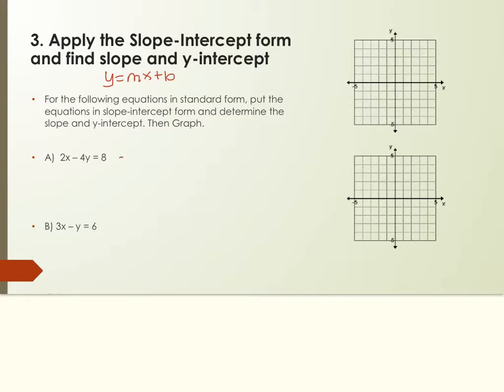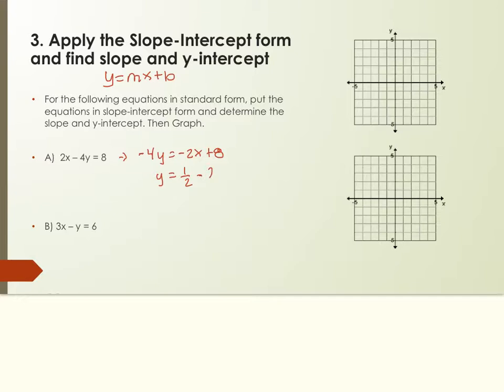So what I'm going to do here is I have a minus 4y, and I'm going to move the 2 over, so that's a minus 2x plus 8. And now I'm going to divide through by a negative 4, so I get y is equal to 1/2 minus 2.